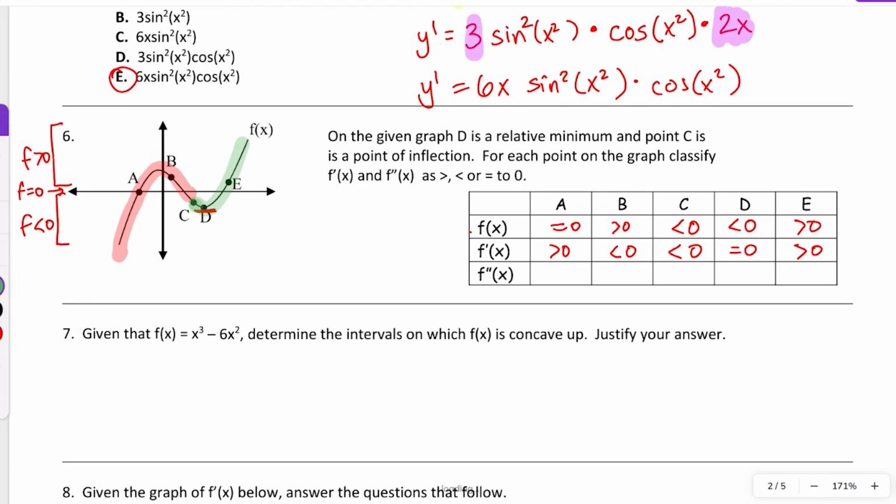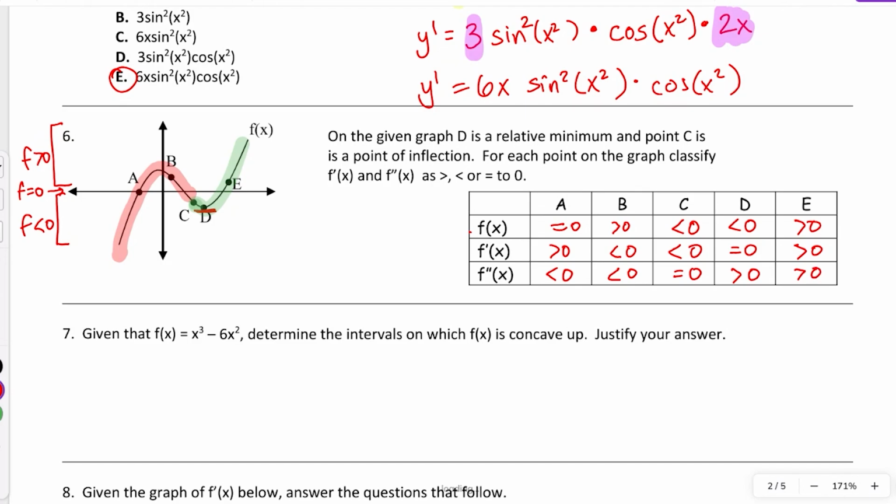So A is on that concave down interval, so the second derivative is negative. B is still on that concave down interval, so that's still negative. C is the point of inflection, so this one's going to be equal to 0. D is on a concave up interval, so the second derivative will be positive, and the same is true for E.